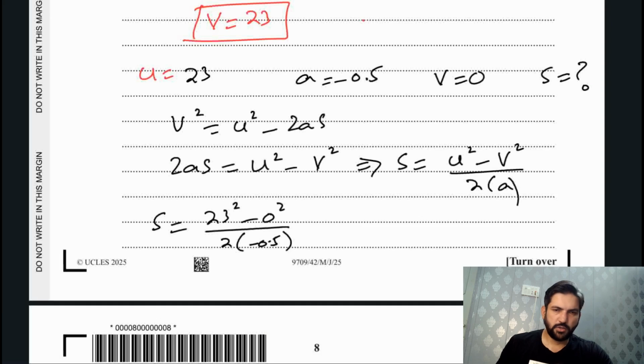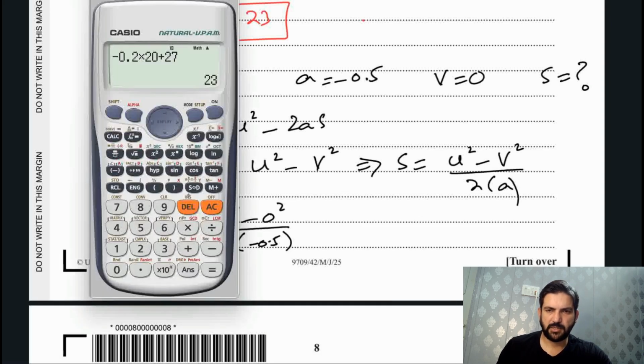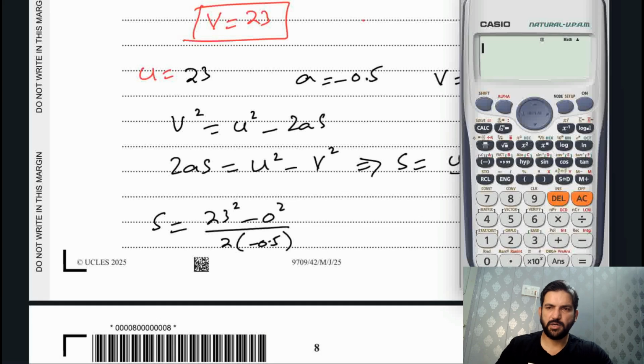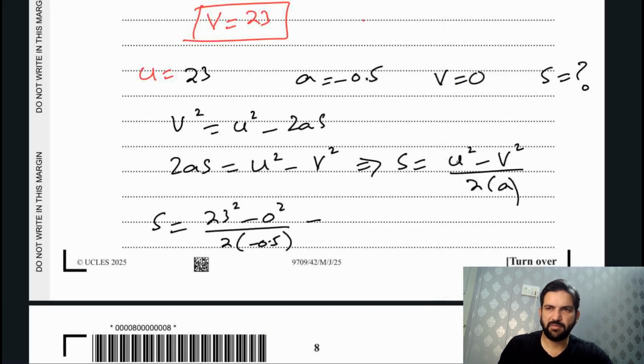Just use the calculator: 23 squared divided by 2 into minus 0.5. This will be 529. Distance cannot be negative, so 529 meters.